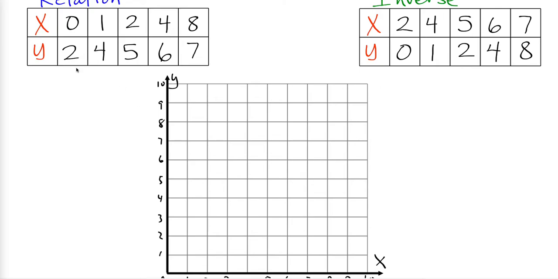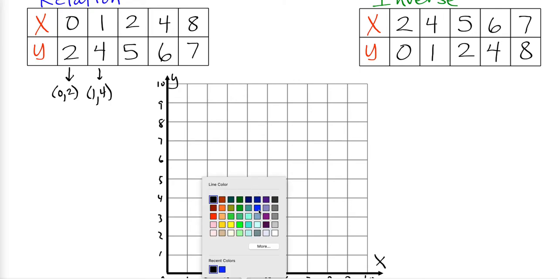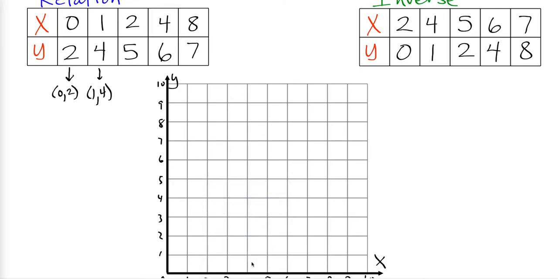Okay, for the first set, the original relation, this is going to be the point 0, 2. This is going to be 1, 4, and so on. So I'll try to do these color-coded, I guess.